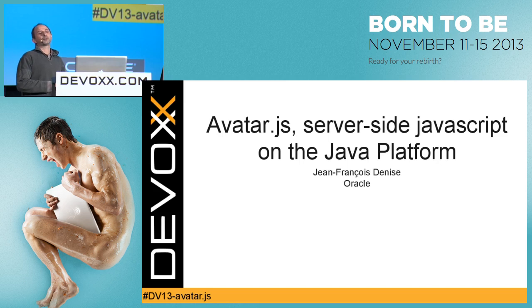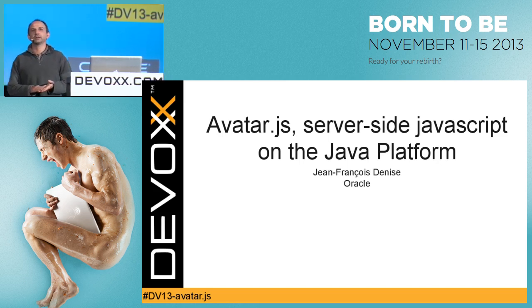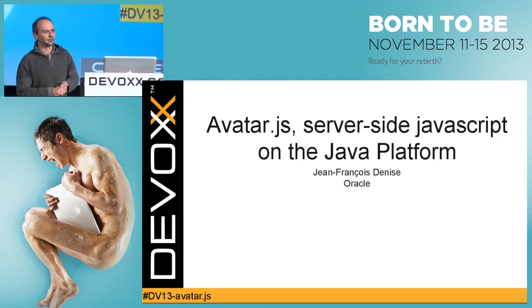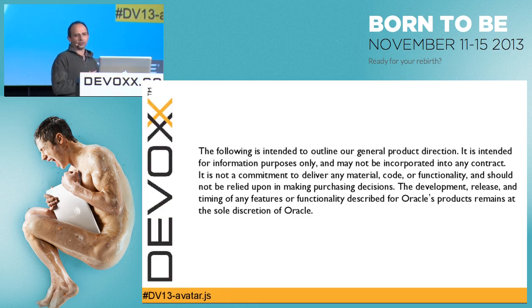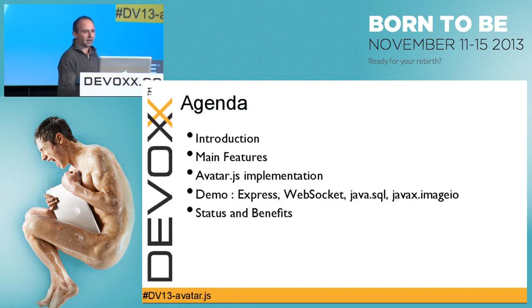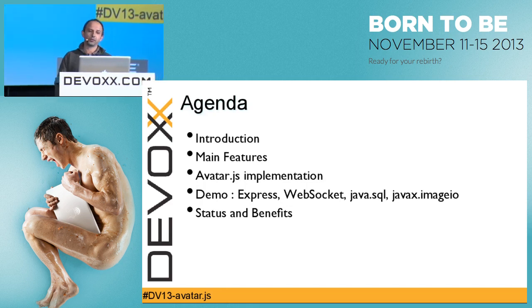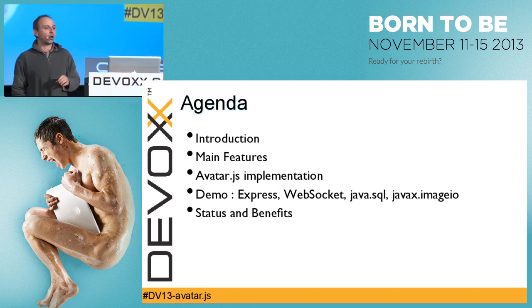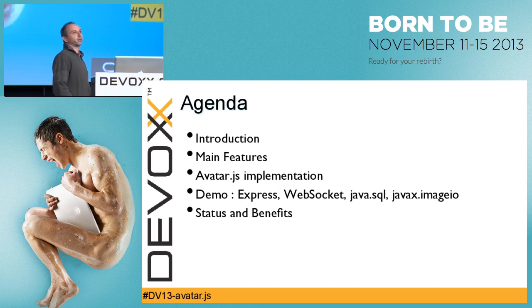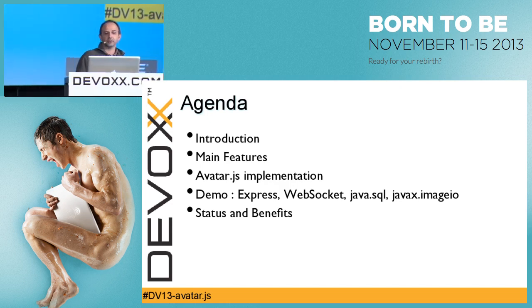So the name of the project is Avatar.js, a bit long name, so during this presentation I will use the name Avatar.js, shorter. Agenda of the presentation: a general introduction, presenting the project, highlight of some features of the project. How did we implement this runtime that will allow JavaScript execution?